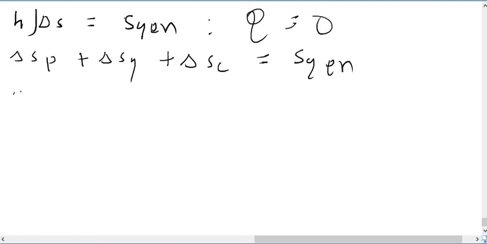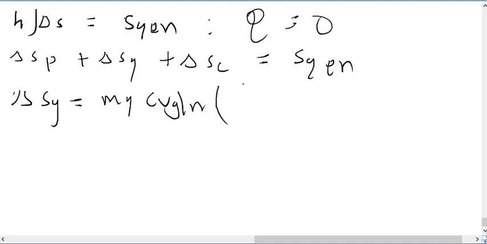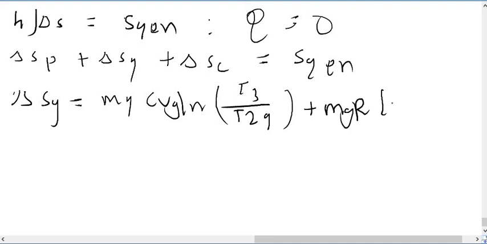So what is the entropy of the gas? By constitutive relationship, we have mass of gas, specific heat during change in volume of the gas, ln theta 3 all over theta 2 of gas plus mR ln V2 over V1.